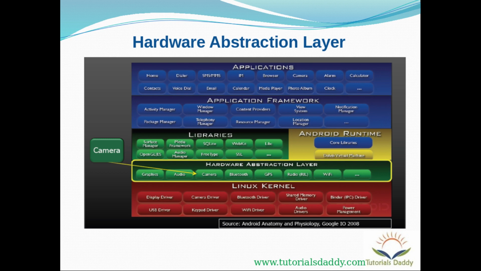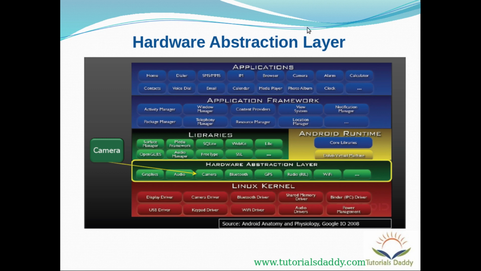So you need somebody to convert that hardware independent call into the call specific to the hardware present in your embedded device. The hardware abstraction layer does that for you.